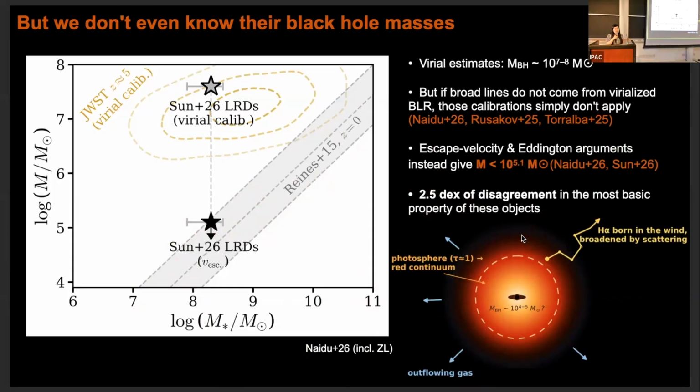In this scenario, if you do not touch the broad line itself and apply the escape velocity or the Eddington limit argument, you will actually get a black hole mass of 10 to the 5 solar masses. So this is a simple population, but there is a 2 to 3 orders of magnitude difference on the most basic properties of the most abundant AGN population that we have found in JWST.